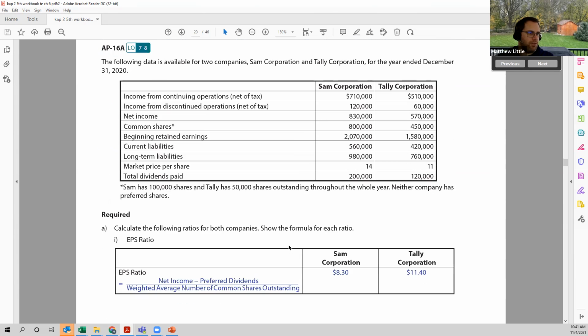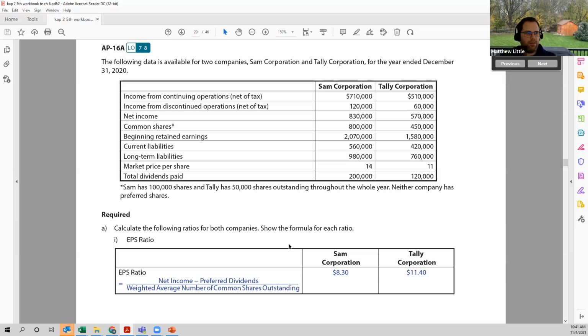The last question I'll review together with you is question 16. The following data is available for two different companies, Sam and Tally, for the year end 2020. We're given a bunch of info, on screen here. We're told that Sam has 100,000 shares and Tally has 50,000 shares outstanding throughout the whole year. Neither company has preferred shares. We're asked to calculate the earnings per share.